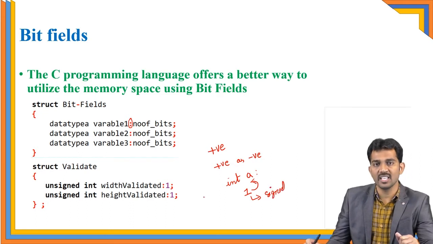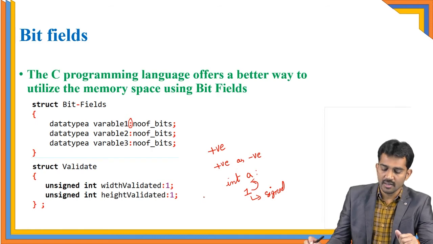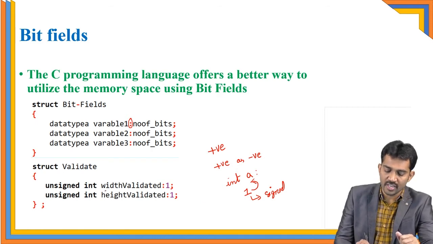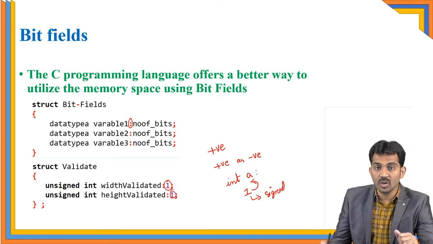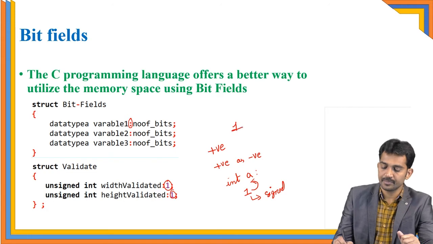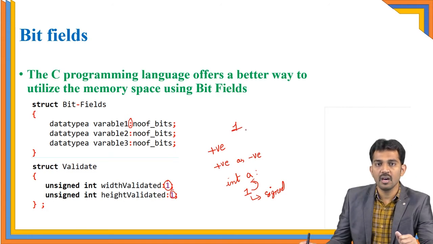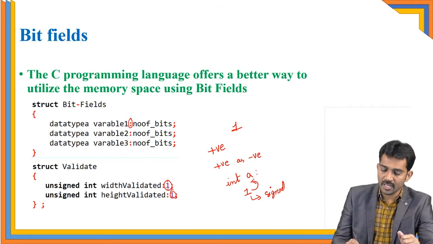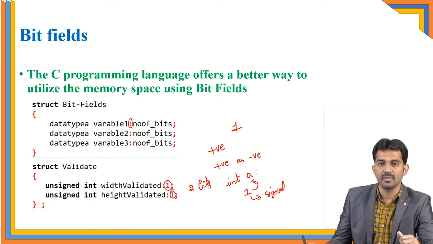So I will show you with an example. If you consider unsigned int width b, width validate is 1. It is going to allocate a maximum of 1 bit, so 1 plus 1, 2 bits only. Not bytes, 2 bits only.